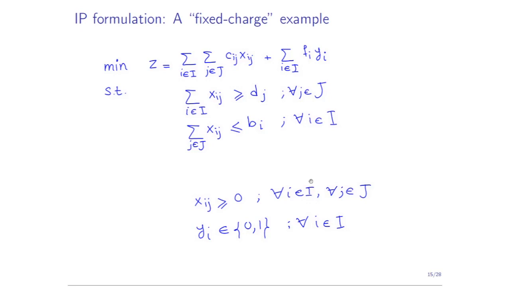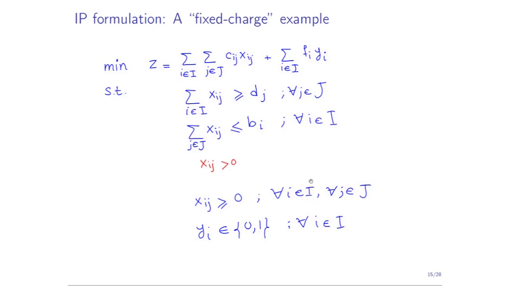And by using it, I mean if I decide to send something from that depot to a destination, right? So if in my final plan, in my optimal plan, the value of some variable xij is greater than 0, think about it.